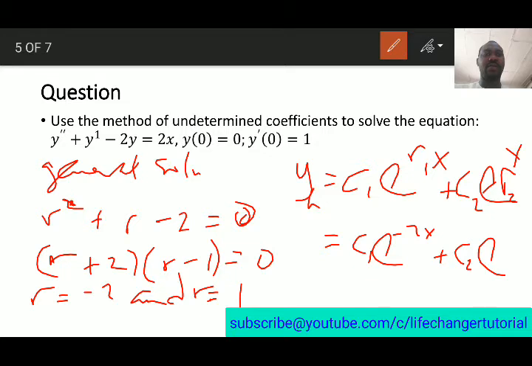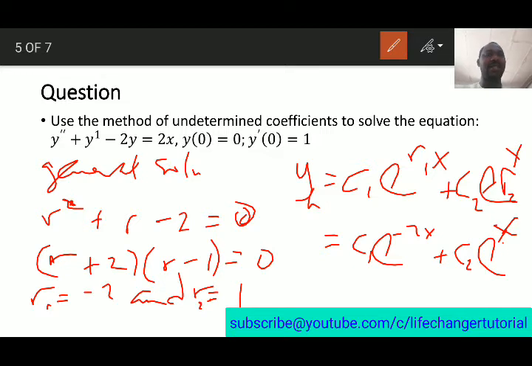Your r2 is 1, so that means just x. That is exactly what we have. So that is the value for the general solution. You can write that down: yh equals c1 e to the minus 2x plus c2 e to the x. Remember, it doesn't matter which is r1 and which is r2.